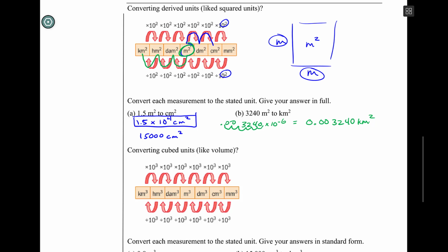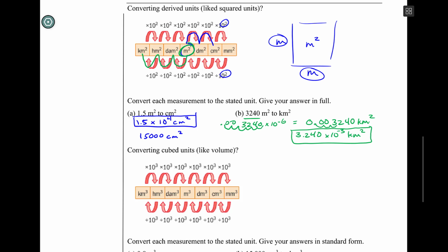Now again, that's a gross number. We don't like to see it like that, so let's go ahead and write it in scientific notation as well. And we can say that's 3.240. I'm adding that extra 0 because that's how precise that we were in the beginning. Okay, and we are saying that is times 10 to the -3 kilometers squared.